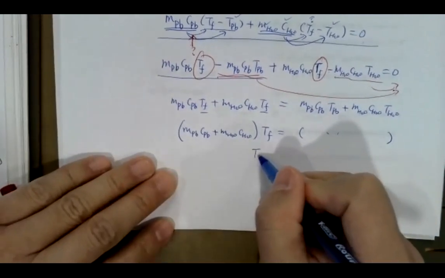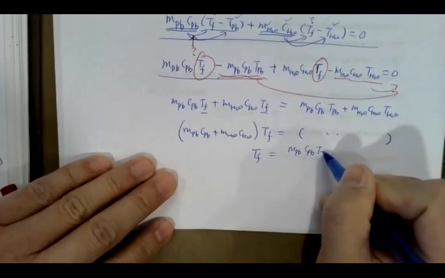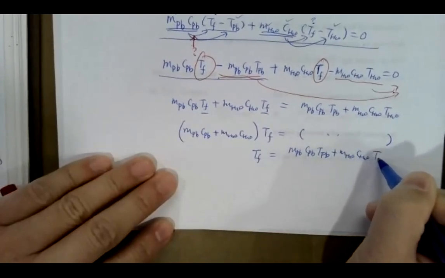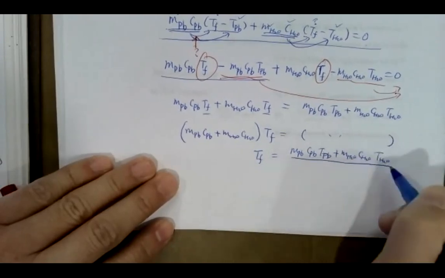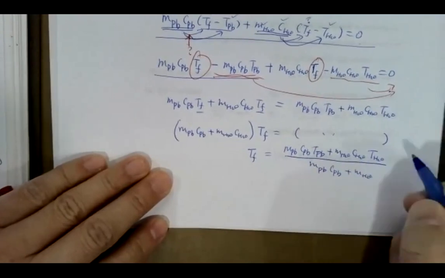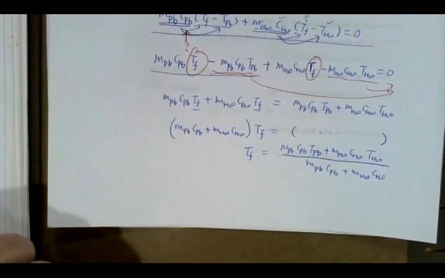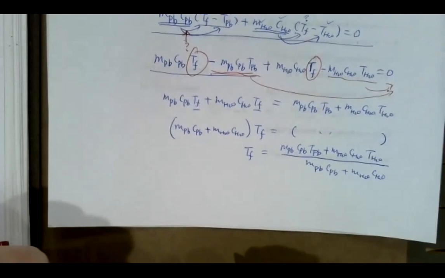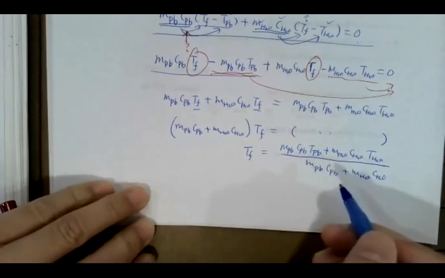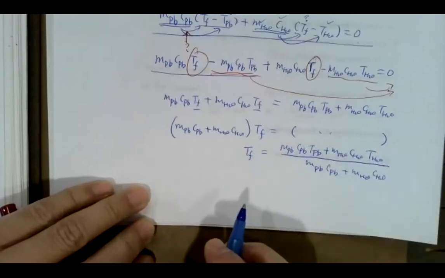Then T_F should be equal to M_PB C_PB T_PB plus M_H2O C_H2O T_H2O, divided by M_PB C_PB plus M_H2O C_H2O. So this is just algebra. After you have come up with the final expression for T_F, you can plug in your numbers, because all are given as knowns on the right hand side of the equation.